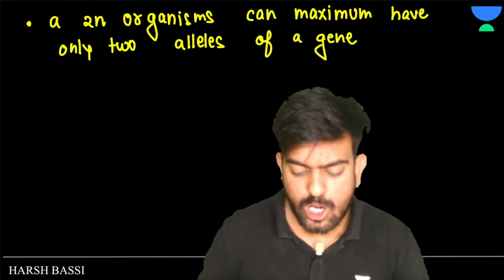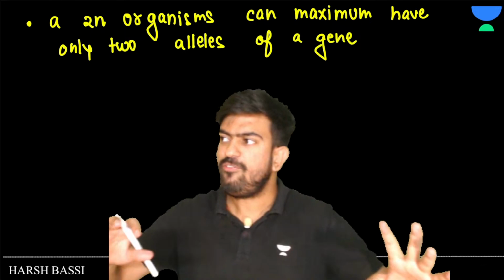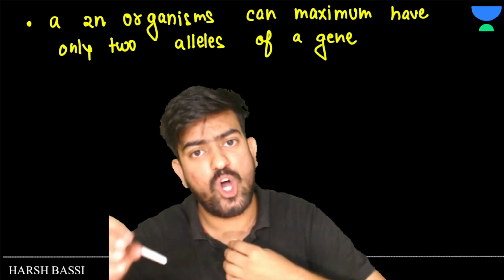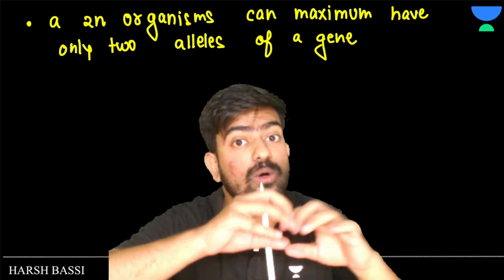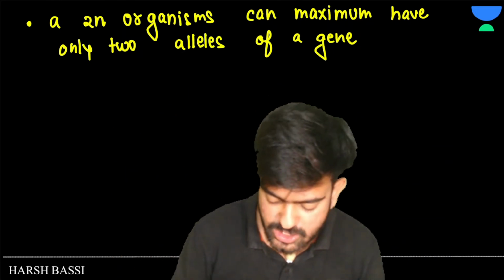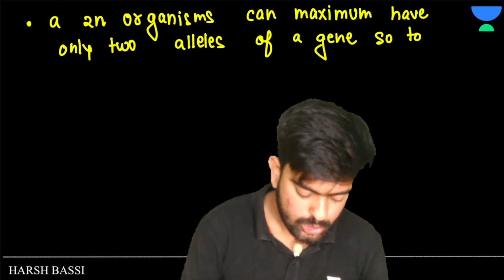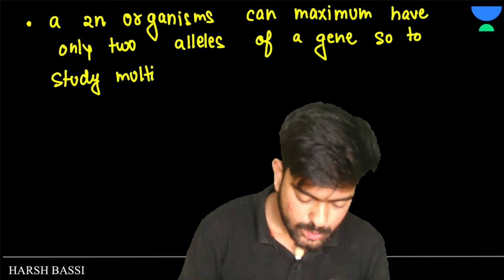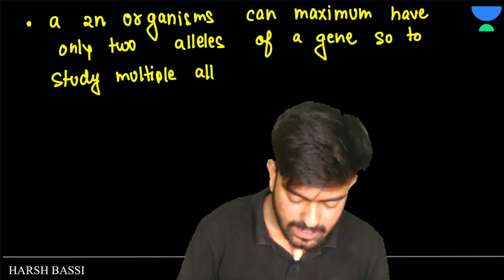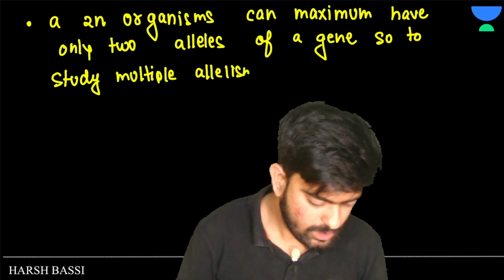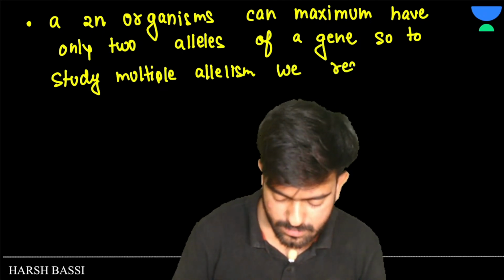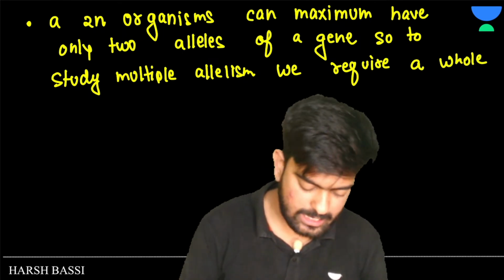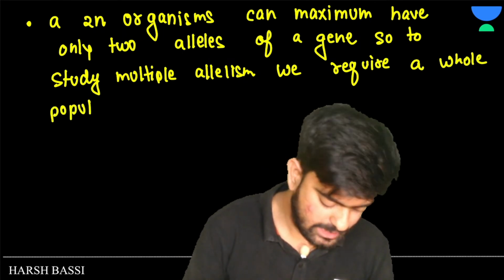And suppose now you have to study IA, IB and i. So you can't do your study on a single person. You require the whole population, right? So to study multiple allelism, we require a whole population. Clear? Great.